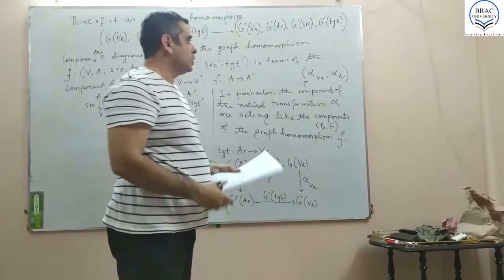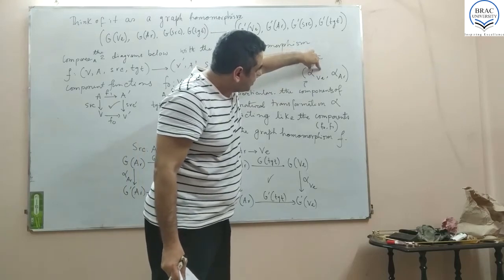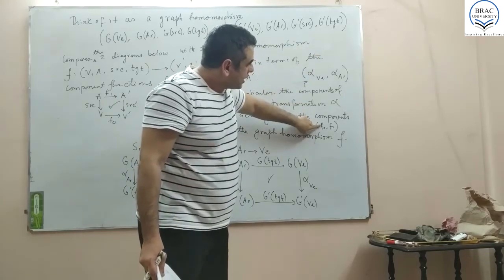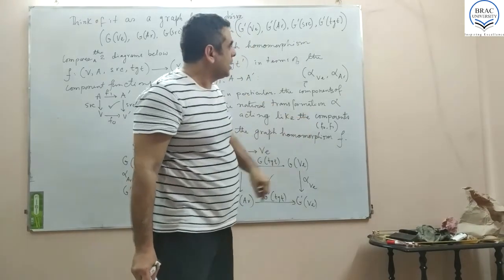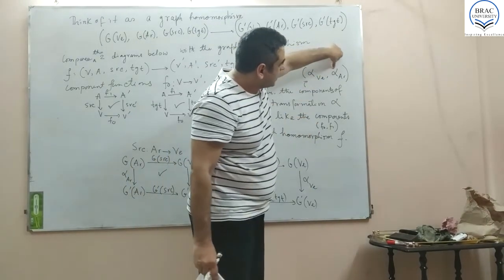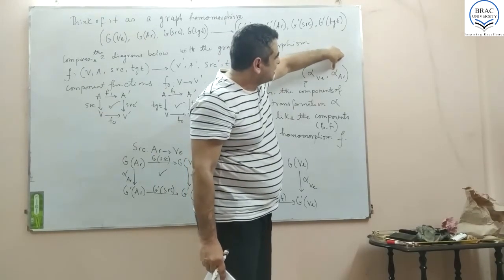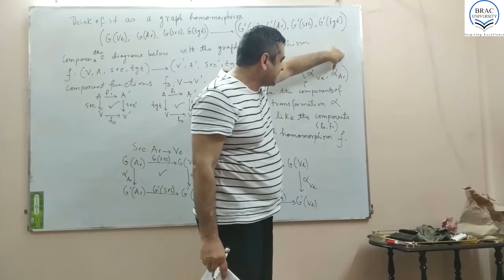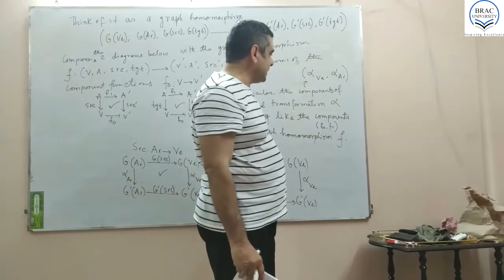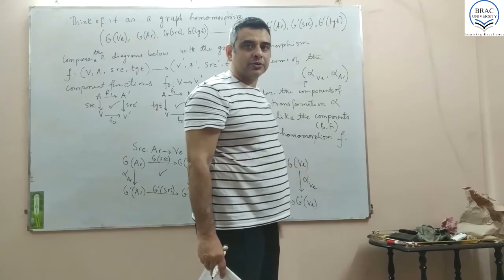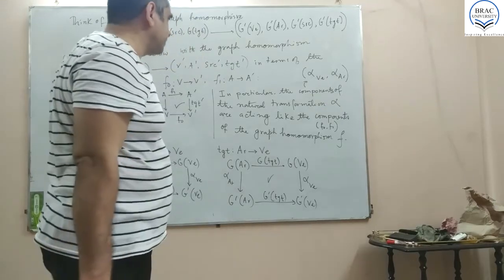Okay. So alpha VE, this component of the natural transformation, is acting like the component function between the set of vertices. And alpha AR, the AR component of the natural transformation alpha, is acting like the function between the sets of arrows of the two graphs.